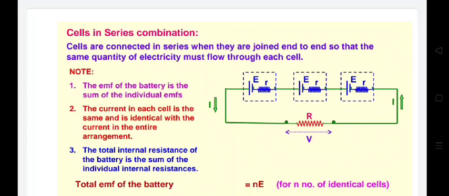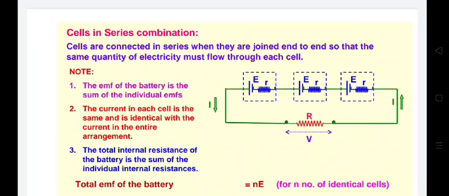That is, if the EMF of a single cell is capital E and there are n number of cells connected in series, then the total EMF will be n into EMF of a single cell, that is E. So EMF of the whole cell will be equal to nE. The current in each cell is the same and is identical with the current in the entire arrangement. That is, the current flowing in the whole circuit will be the same, that is I.